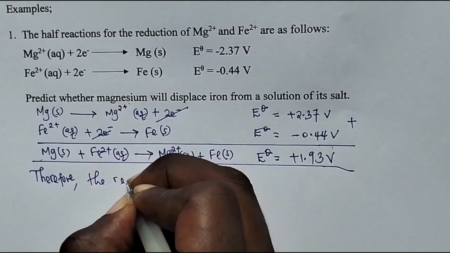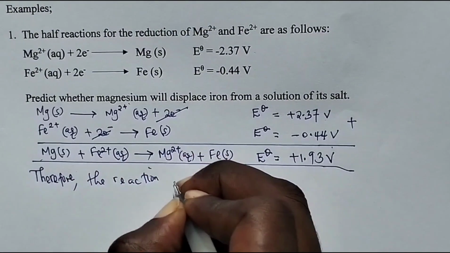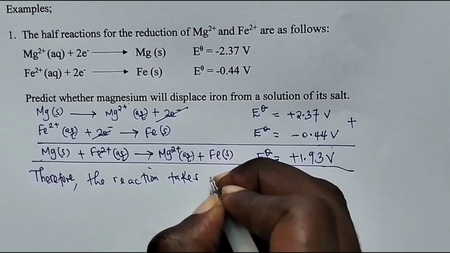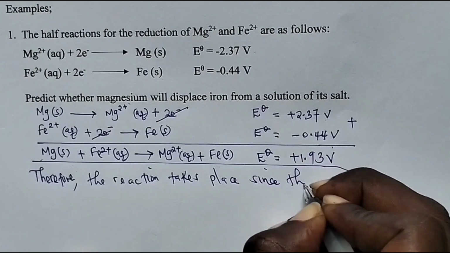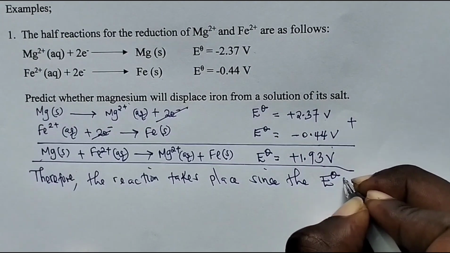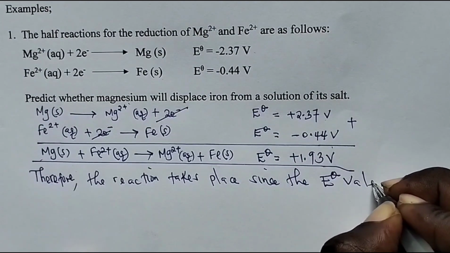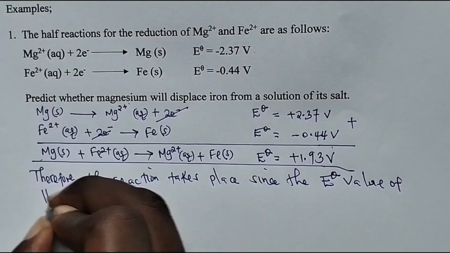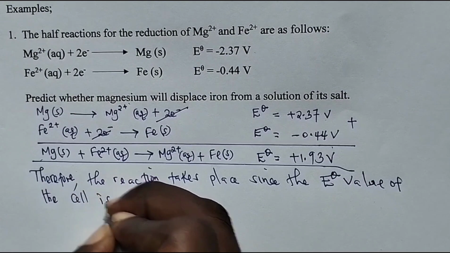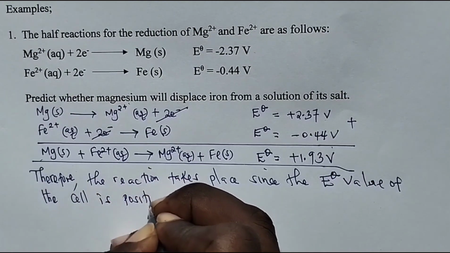The reaction takes place since the standard electrode potential value of the cell is positive.